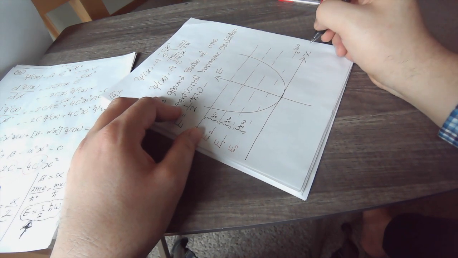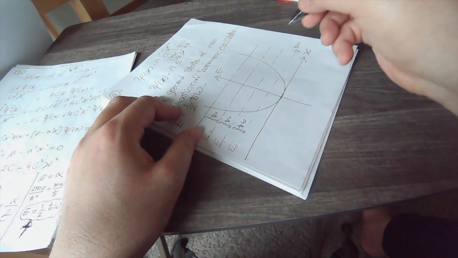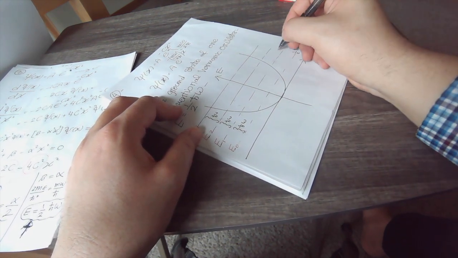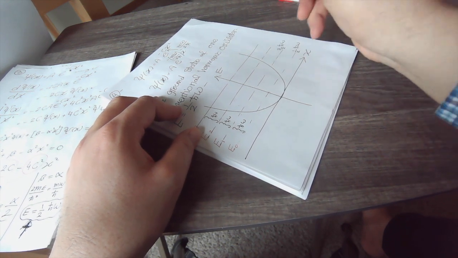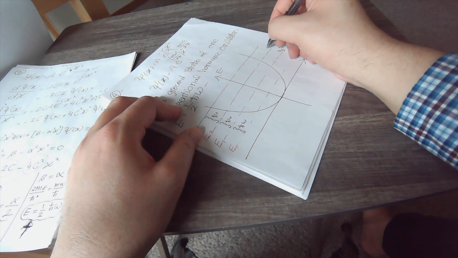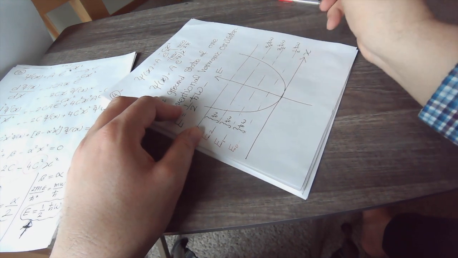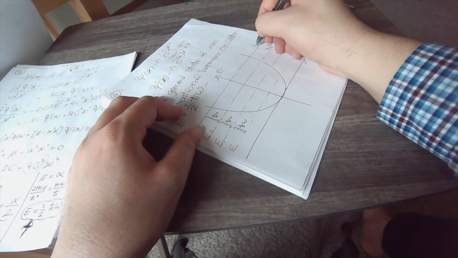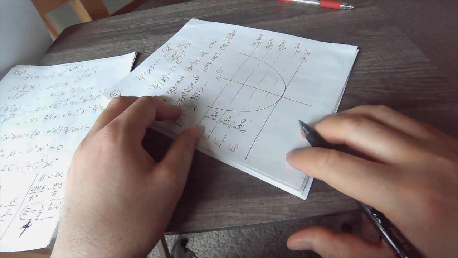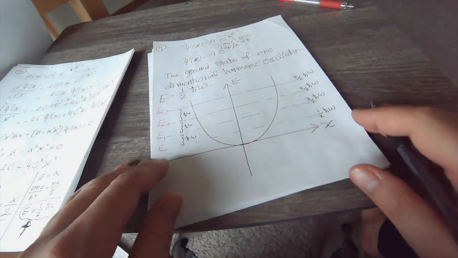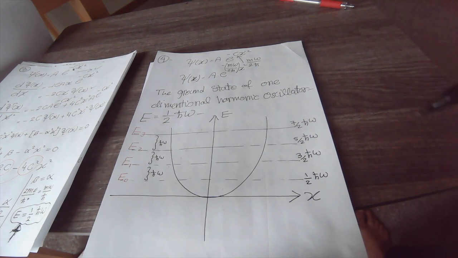This is the ground state energy, and then we will have h bar omega plus 1/2 h bar omega, so that will give me 3/2 h bar omega, and then another h bar omega, so that will give me 5/2 h bar omega, and then here we will have 7/2 h bar omega. So what does that mean, guys?